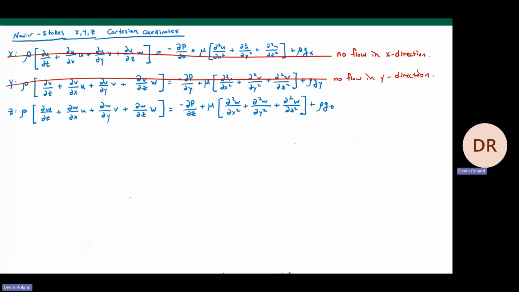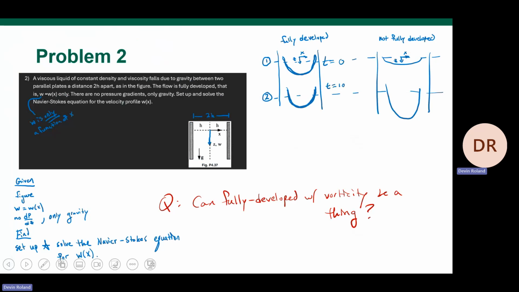So you just mark those out, right? If you look at our profile here, we have flow along the z-axis. Now the flow velocity profile changes with x, but the flow itself is moving this way, right?